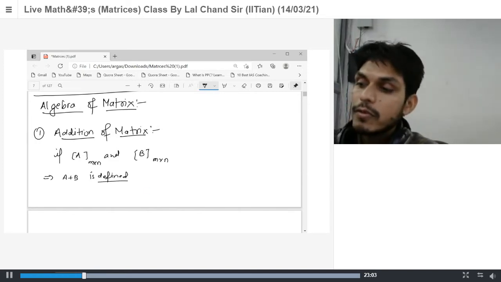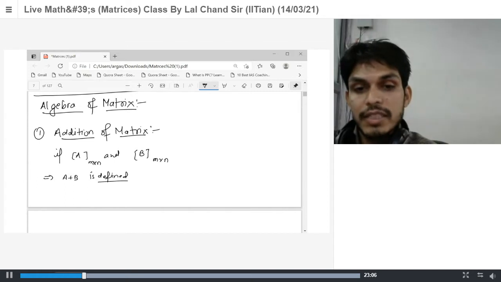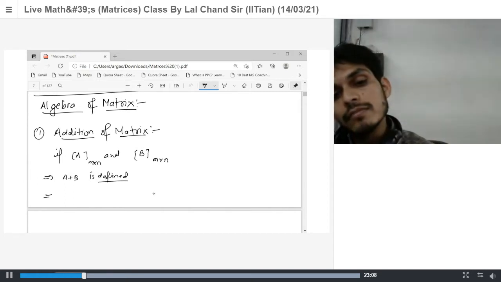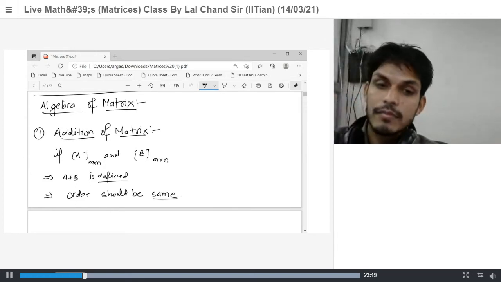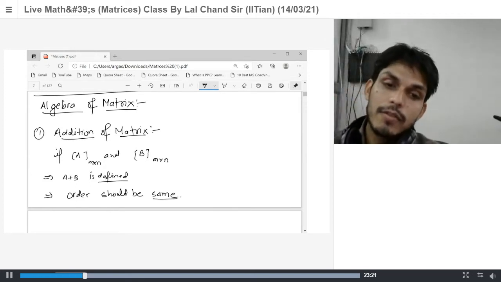So for addition, the order must be the same. What is the condition? Order should be the same.